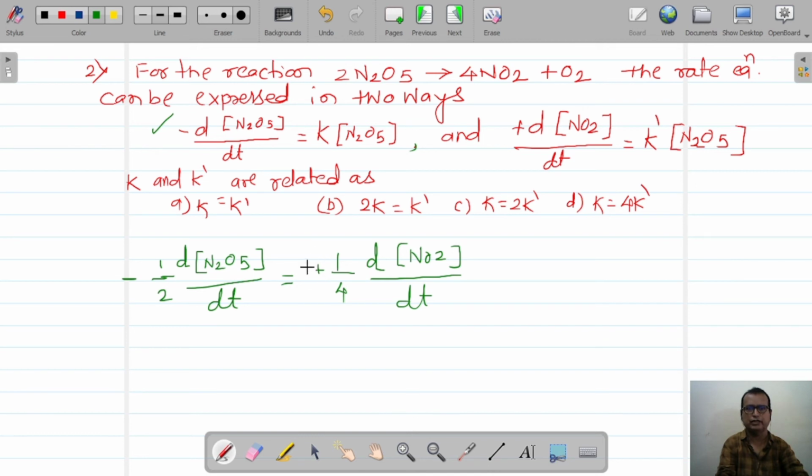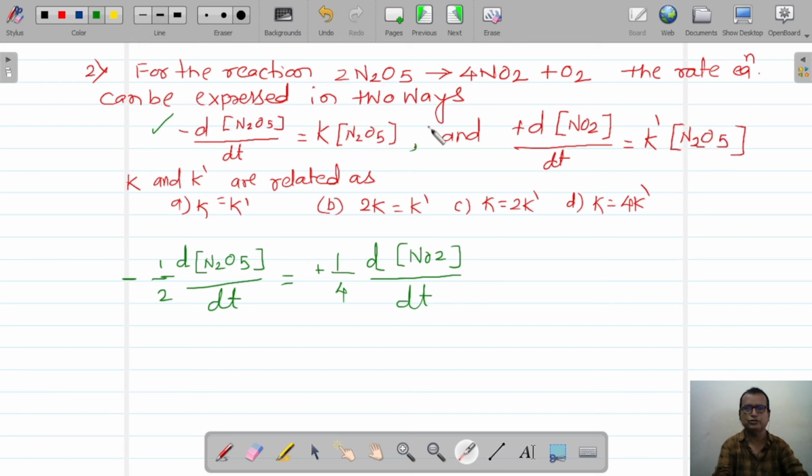The positive sign indicates increase, negative sign indicates decrease. Increase in the concentration of NO2 by dt. You know that minus d by dt of N2O5 is given, that is K into concentration of N2O5, plus d by dt of NO2 is given K dash concentration of N2O5.